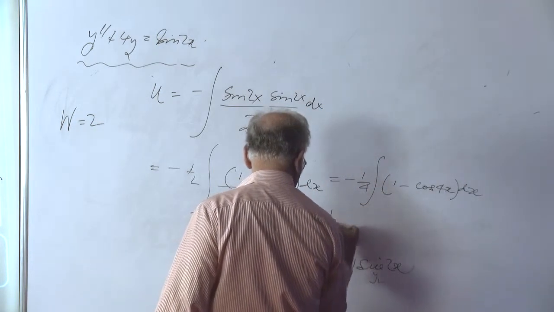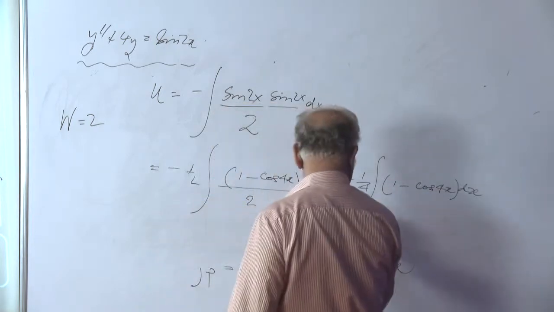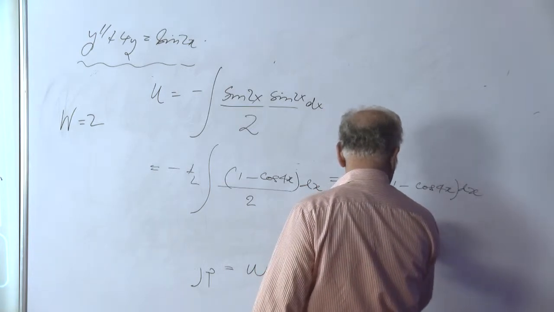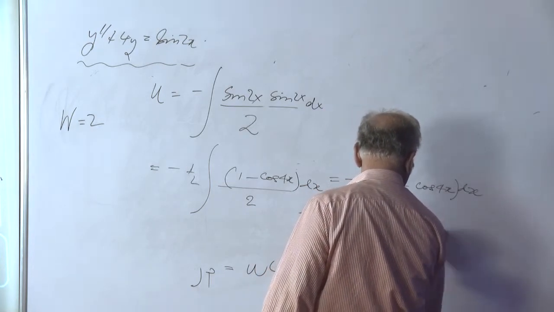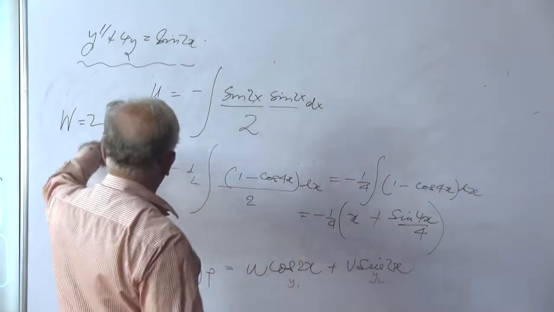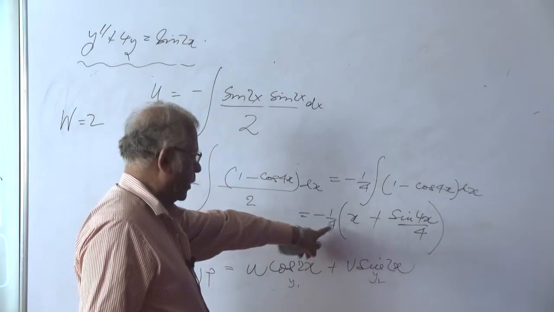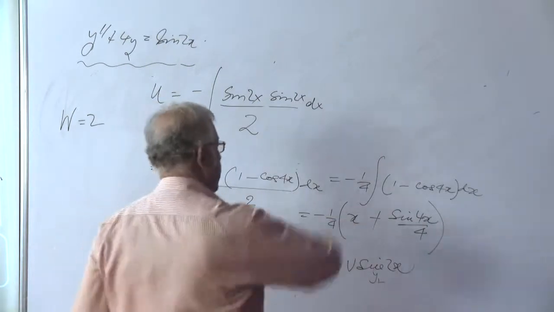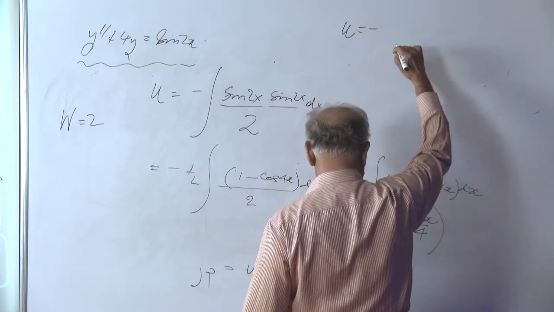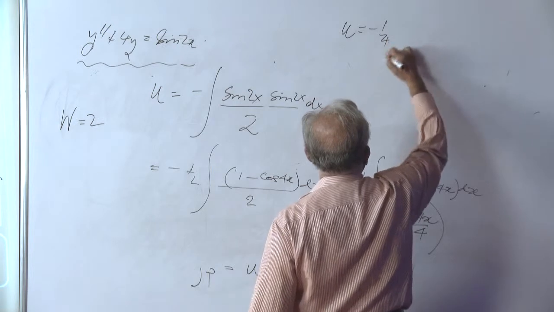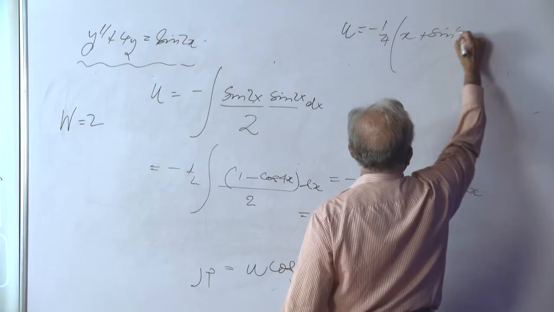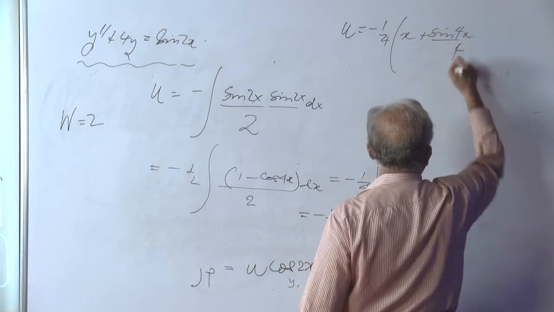The integral of 1 is x, and minus cos 4x will integrate to minus sine 4x over 4. So our u is minus 1 by 4 times x minus sine 4x divided by 4.